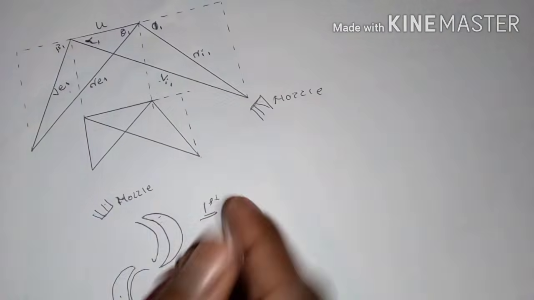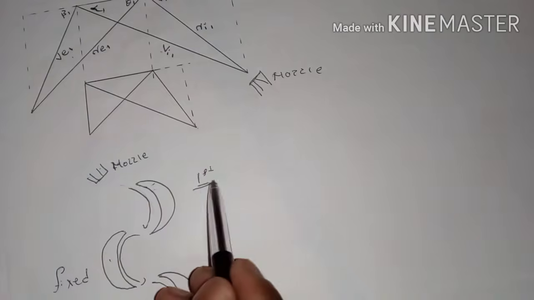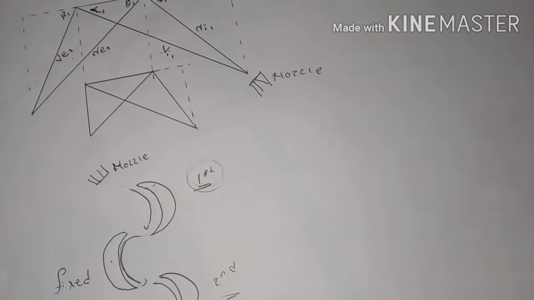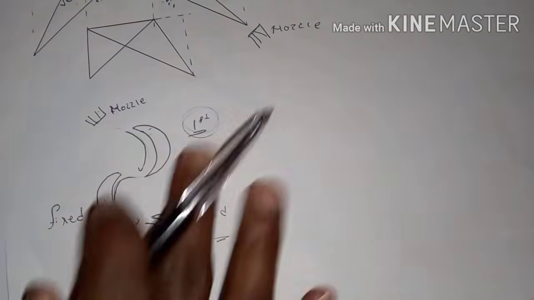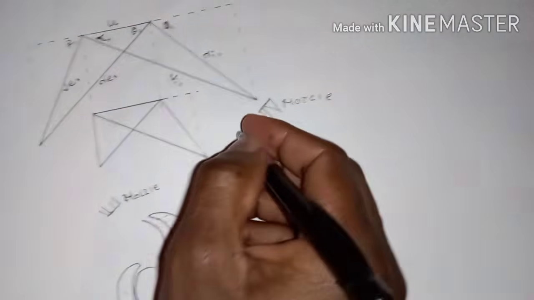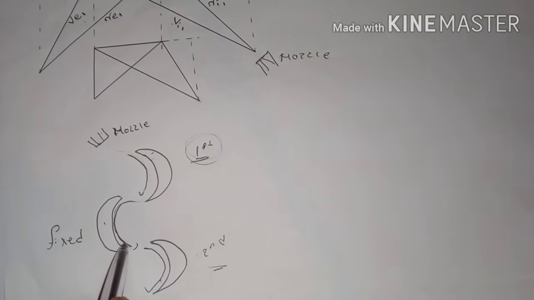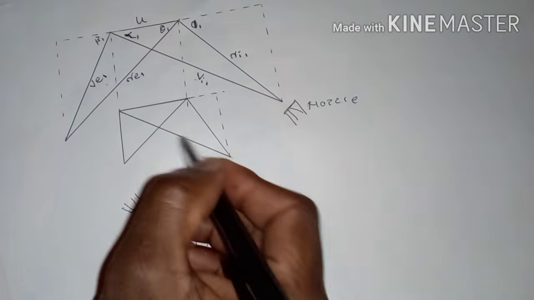So now this steam will glide through the first stage, and then be redirected by the fixed blade to enter the second stage, which will be represented by this one. The velocity at which the steam will leave the fixed blade will be represented by this.